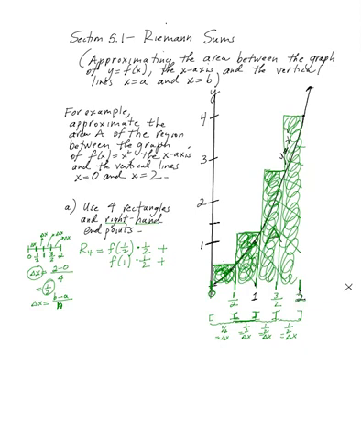The area of the third rectangle would be f of 3/2. 3/2 is the right-hand endpoint of this third subinterval, from 1 to 3/2. But the width of that third rectangle is 1/2.